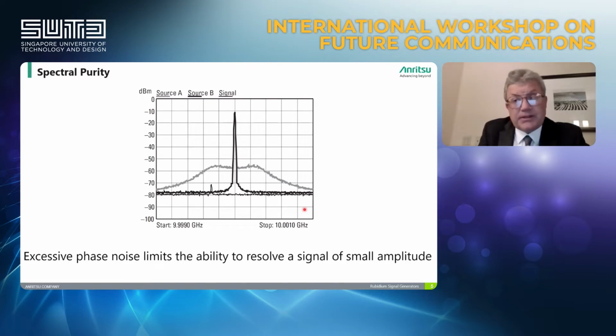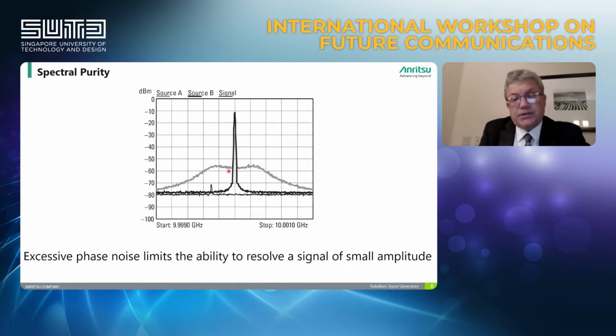Okay, why is phase noise so important? You can see here the phase noise of two hypothetical frequency synthesizers. The first one has very good phase noise, which is represented by this black line, and we see a signal we need to identify, we need to resolve. We can see that it is above the phase noise curve, so we can identify this signal.